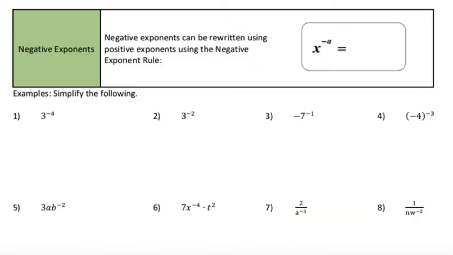So this pattern establishes our exponent rule, which says anything to a negative power, we can move to the division of the positive power. The exponent rule says move and change the sign of the exponent.